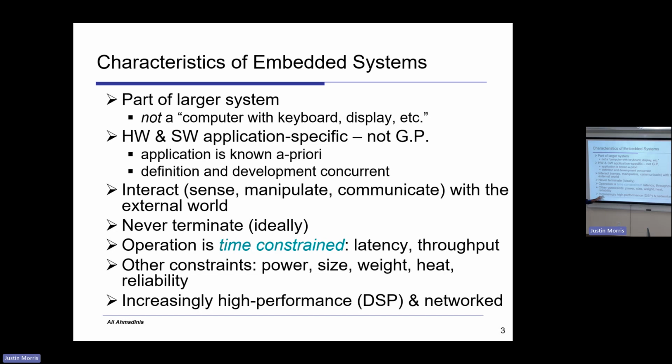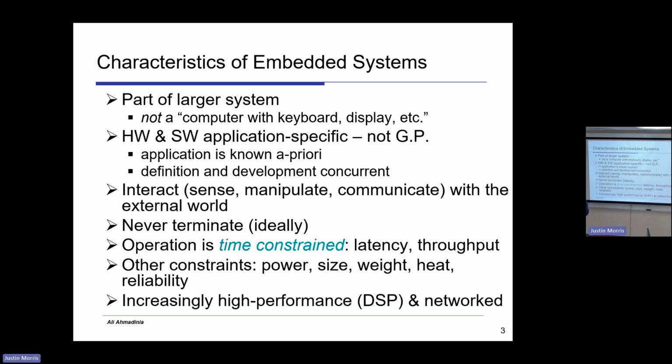So you can see here some of the main characteristics of embedded systems. As I said, they are part of a larger system. They usually provide some specific function for us.